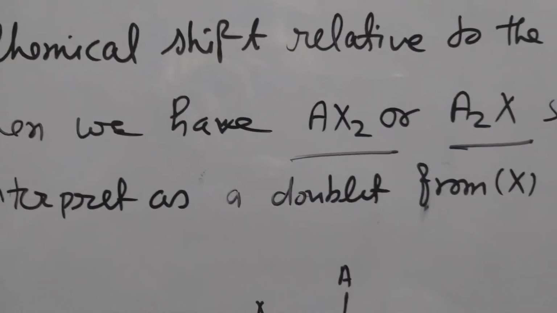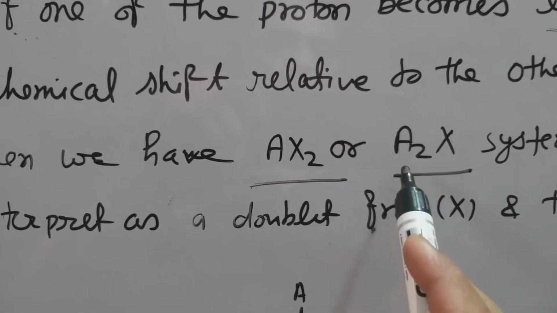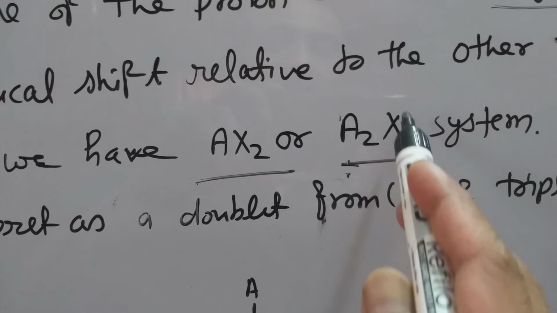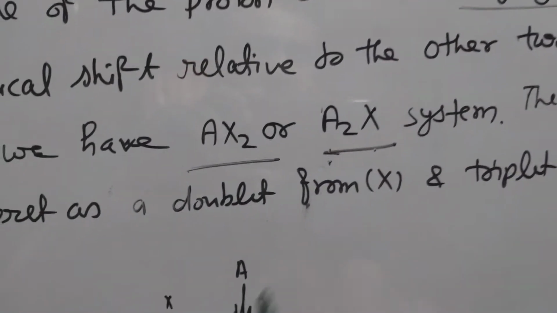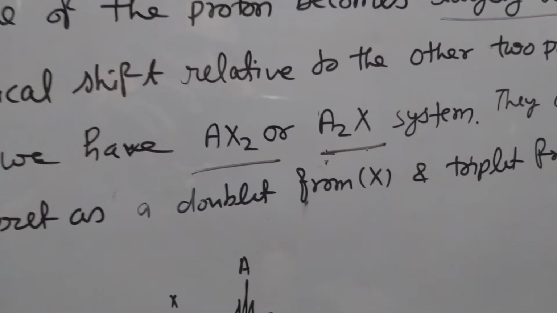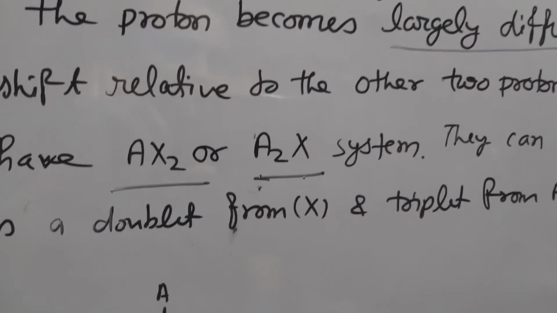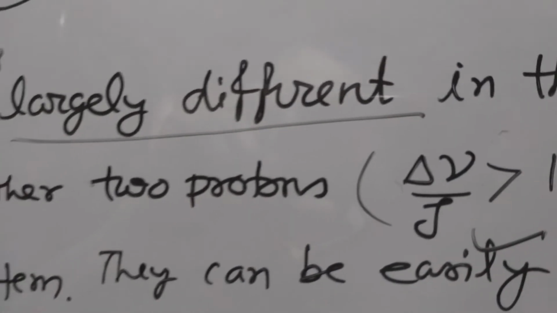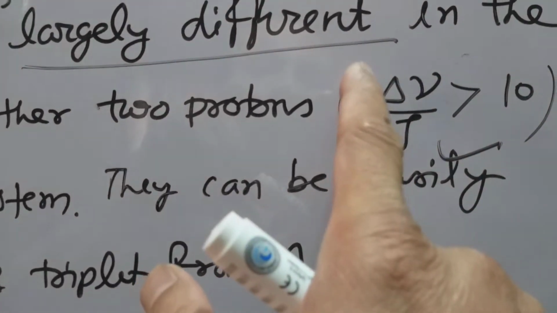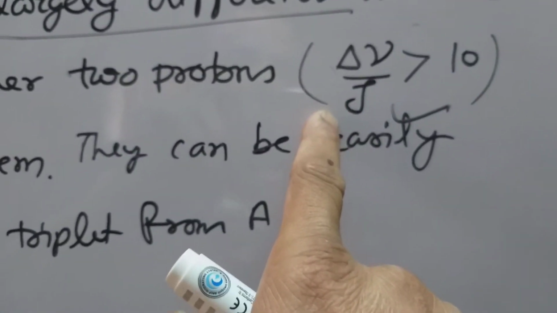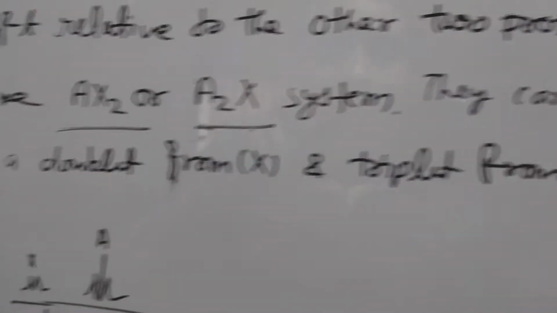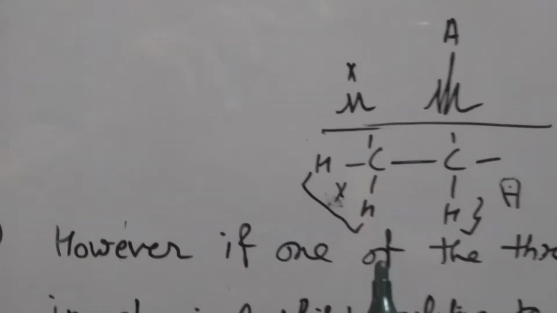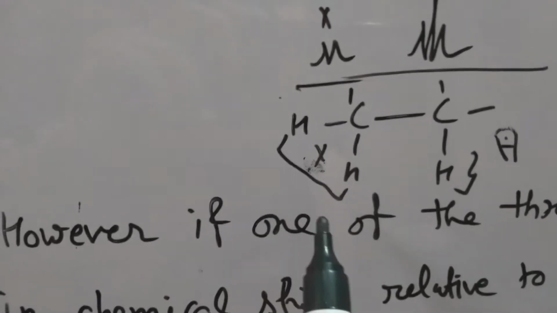In this type of system, two protons are chemically equivalent and one proton is different from them, and their chemical shift values are so different that they will always satisfy this condition, that is, their chemical shift difference divided by their coupling constant will be more than 10.